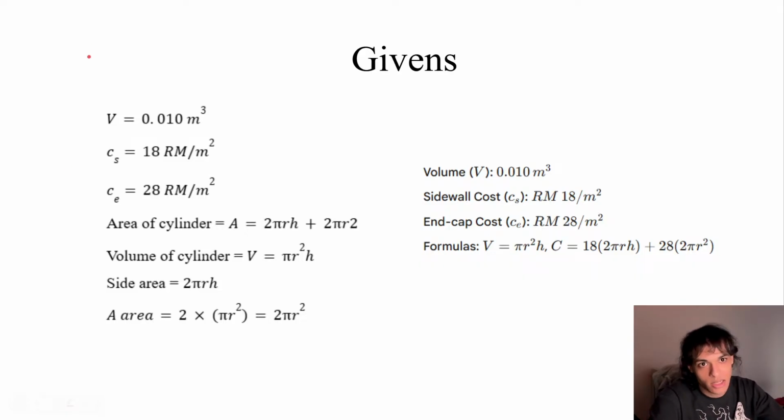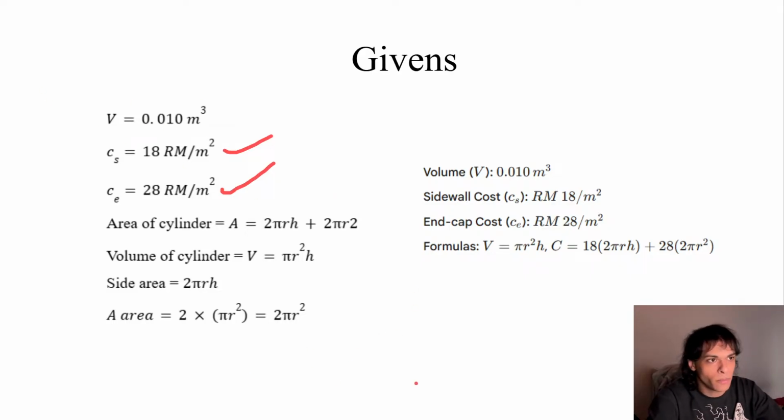Because the side has a cost, and the end caps also have a cost. This is the cost of the end caps, and this is the cost of the sides.